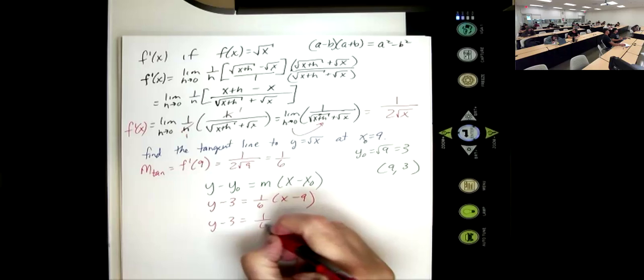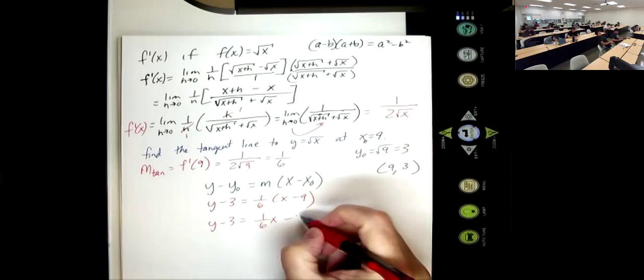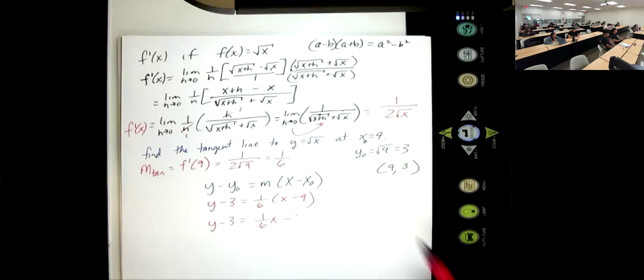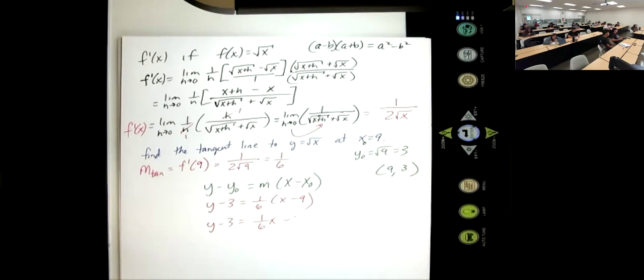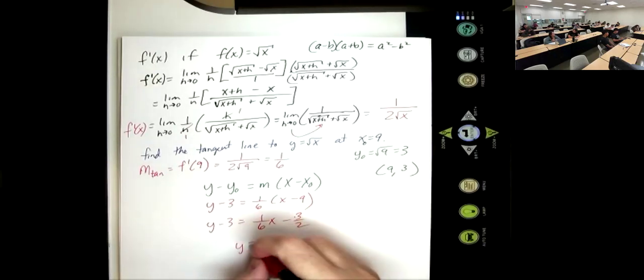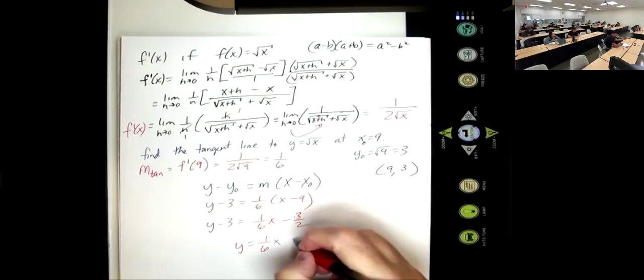Where did the 3 come from? Oh, square root of 9. It's 3 halves. So if I were to clean this up, just make it a function of y, we get y equals 1/6 x plus 3 halves.